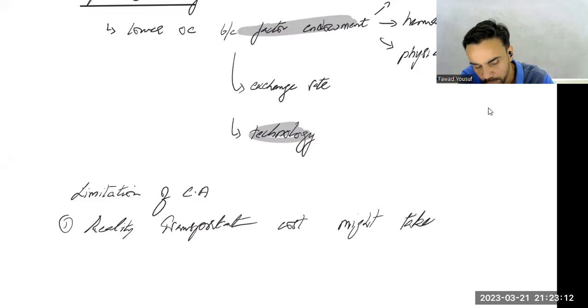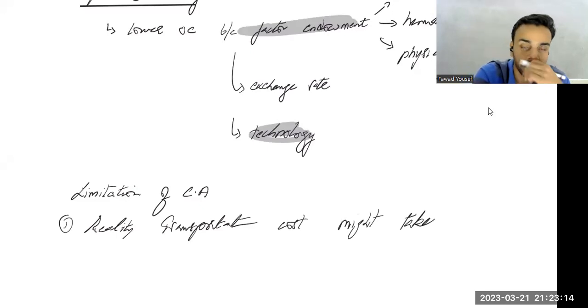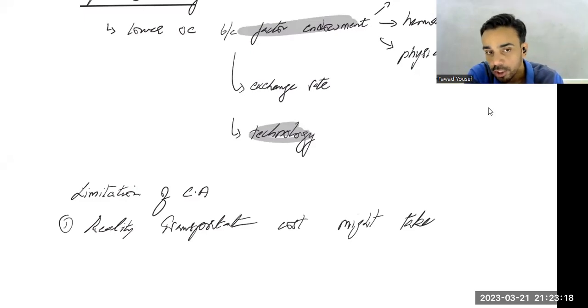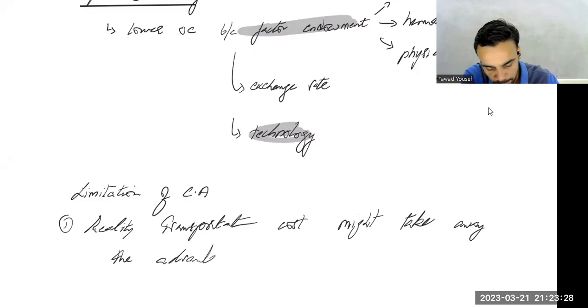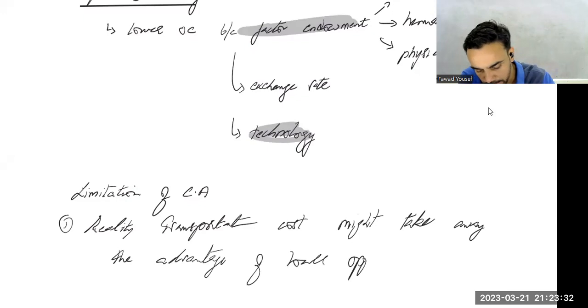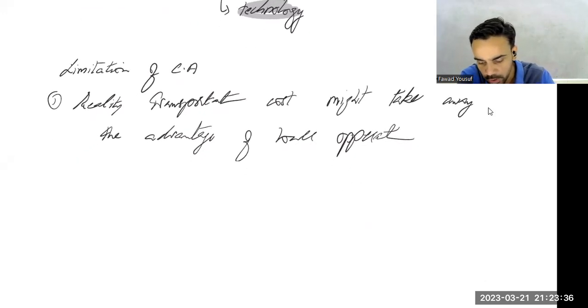I think the better way would be to write the assumption that we assume under comparative advantage theory that there is no transportation cost. However, in reality, transportation cost might take away the advantage of lower opportunity cost. I think that is one. ऐसी एक आध दो और बता दो.